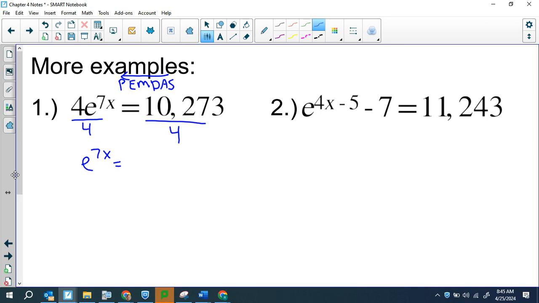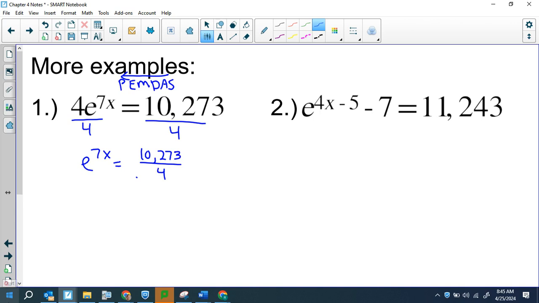I'm just going to leave it as 10,273 divided by 4 for right now, because otherwise you're going to get a decimal. So it's just easier to leave it in fraction form.